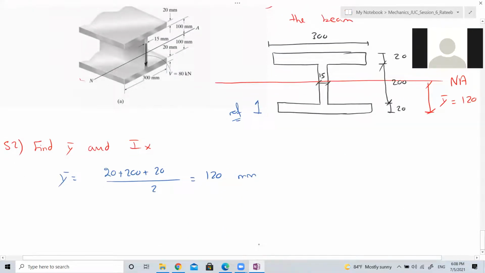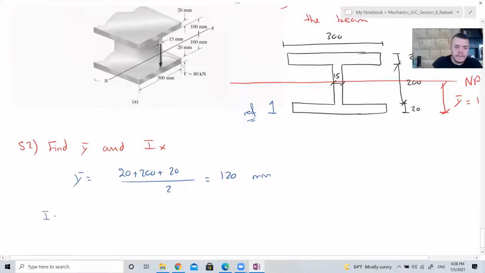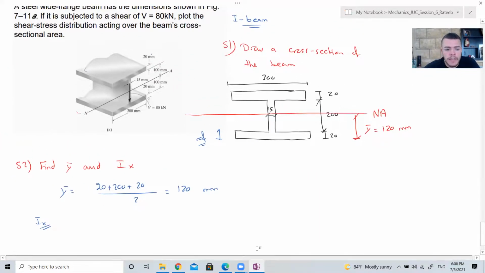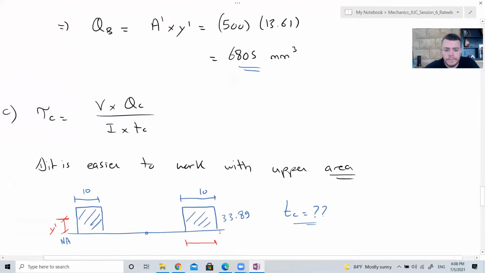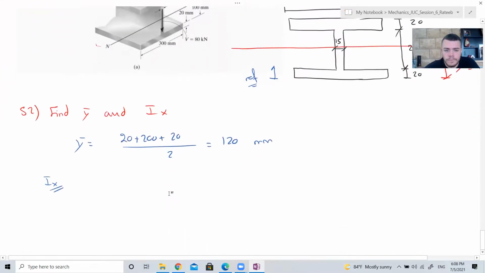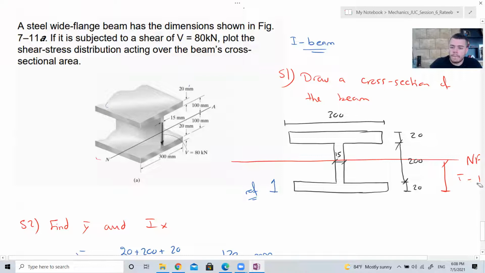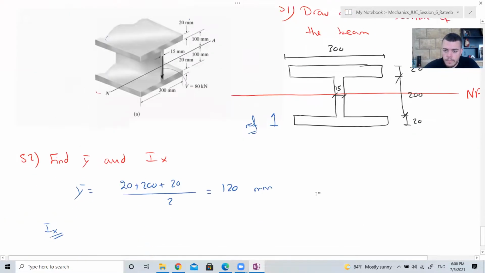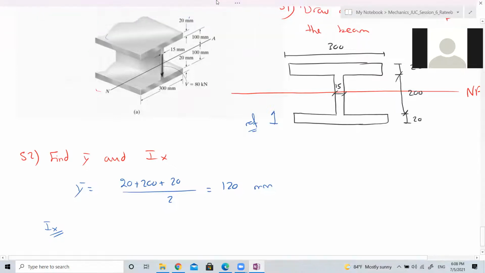300. To find Ix, we need the area. We need to divide the cross section like we did before. You cannot find Ix without dividing the cross section. So let's divide the cross section: 1, 2, and 3.